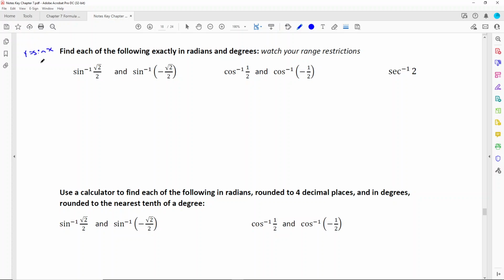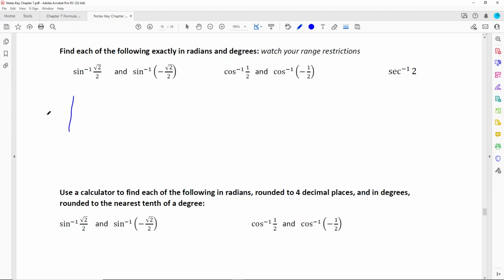The way that this would be written would be like root 2 over 2 equals sine x. This is a totally different question. This is going to be 7.5. In 7.4, they will specifically write it already as an inverse. That's when you know to give an answer in the restricted range. Okay, so let's answer these guys.